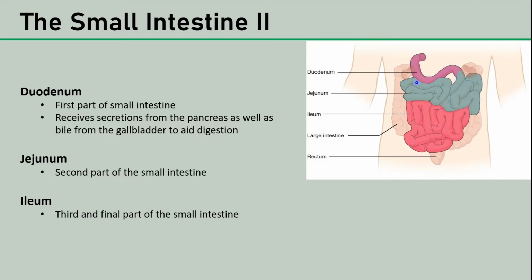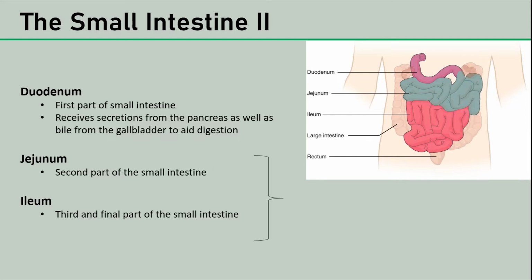So this jejunum is represented, and I can only apologise, I don't know why whoever created this decided to put red and green together, but this first half of the small intestine after the duodenum is the jejunum, and then this large portion underneath where I'm highlighting now is ileum.